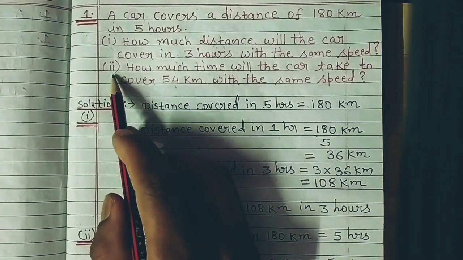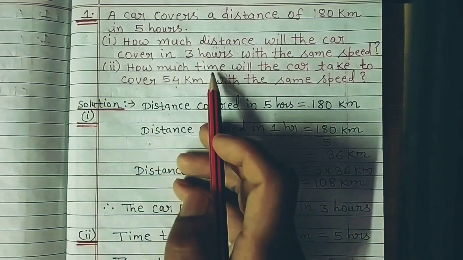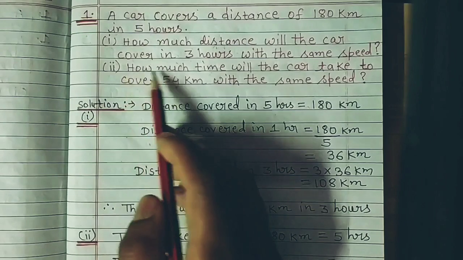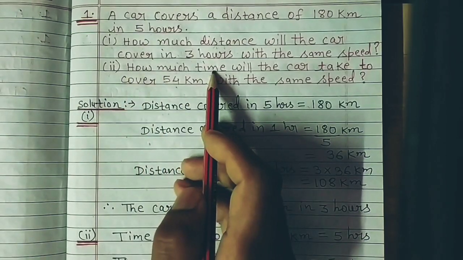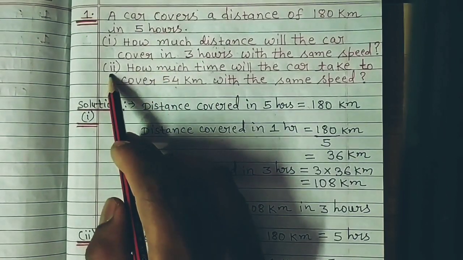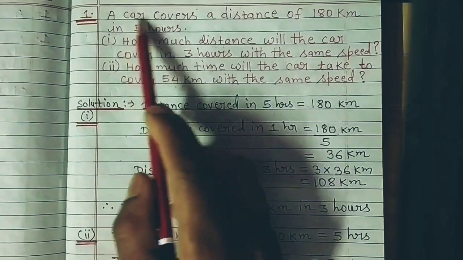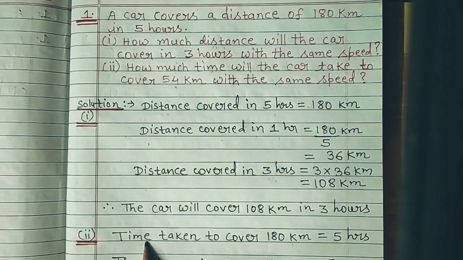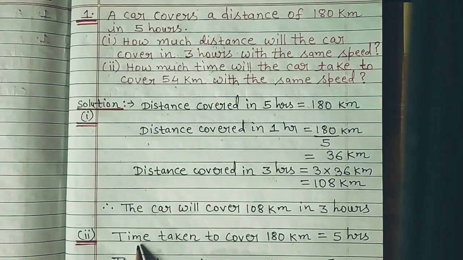Now in question number 2, we have to find the time. As you can see here, it is written how much time. So for this question, we are going to write the main statement here, but we are going to start this statement from the word time.